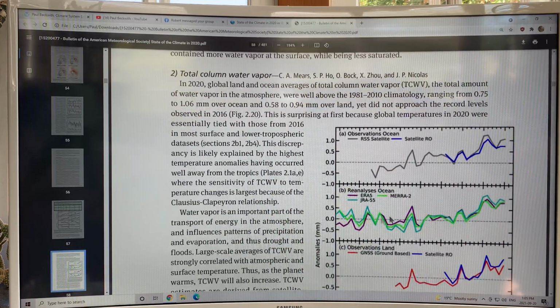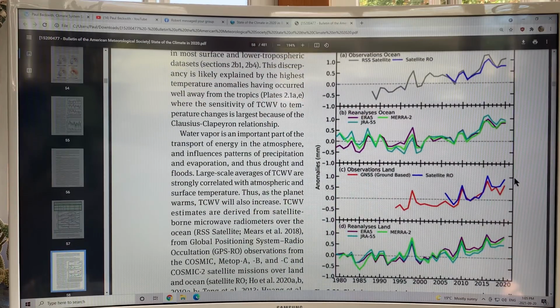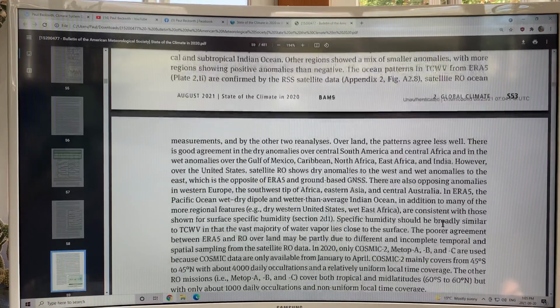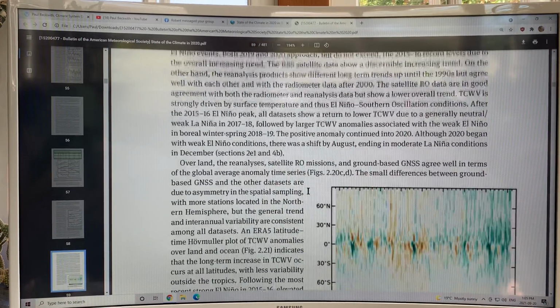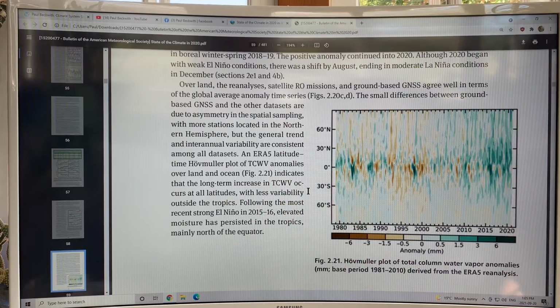Total column water vapor is increasing over the ocean, increasing over the land. And we know why. I've talked about it. This is the total column water vapor anomalies as a function of latitude. So there's more and more water over the land areas, over the surface of the Earth in general.